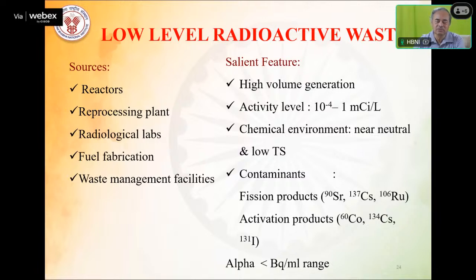They are supposed to wash their hands or feet and if needed their body, they are required to do that in the change room. So whatever change room wastewater is there, that is called the low level liquid waste.